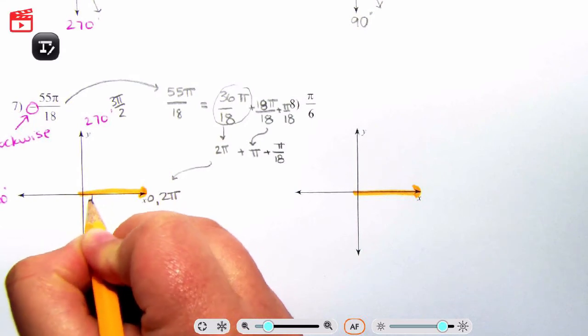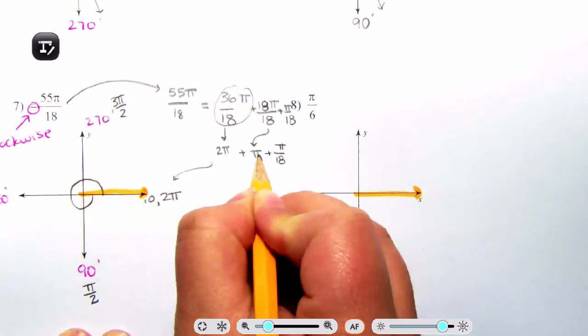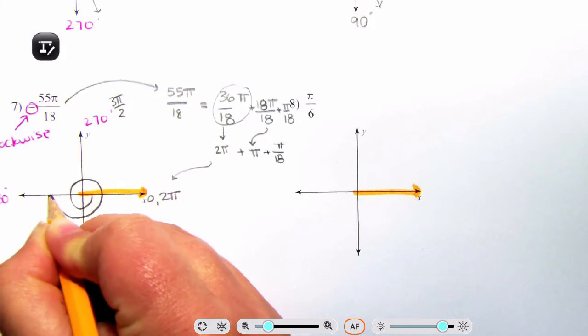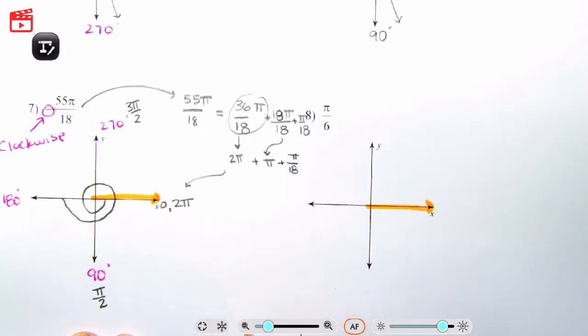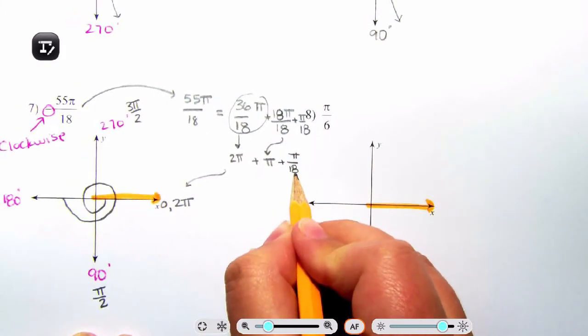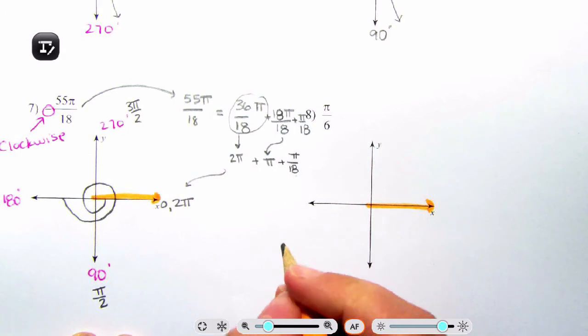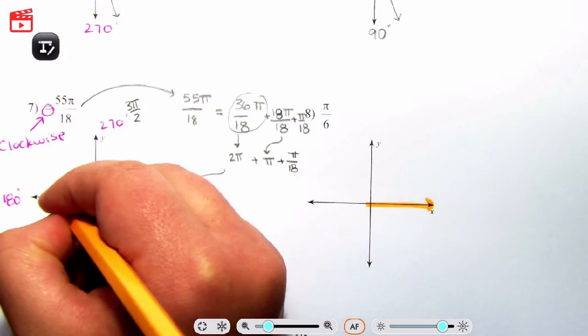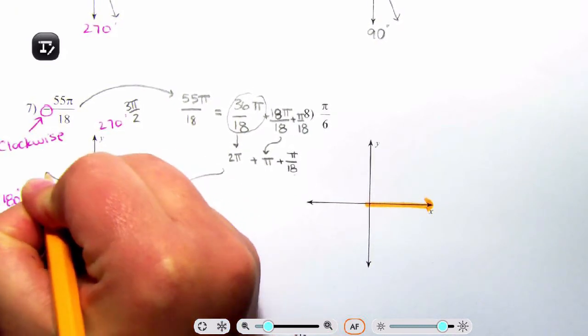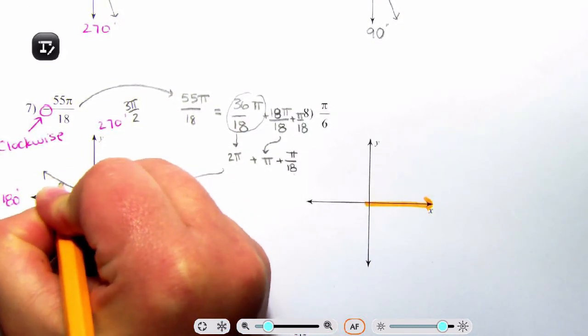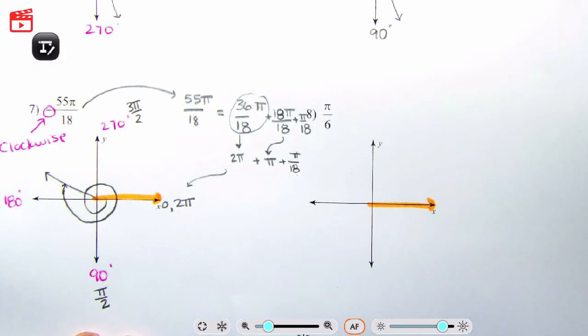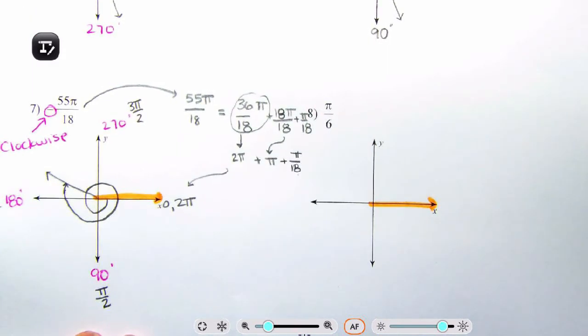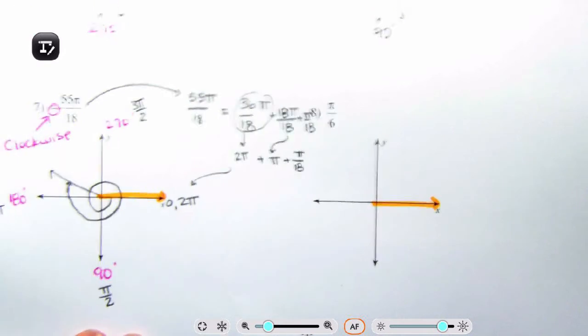We got one full rotation, so we got 2 pi. We got one more pi, which is half of a rotation. And then we have pi over 18, or 1/18 pi, which is a very small number. So we're going to go barely up and call it good. I think I went too much up, but that's okay. We're human and humans make mistakes. It should be a little closer down.